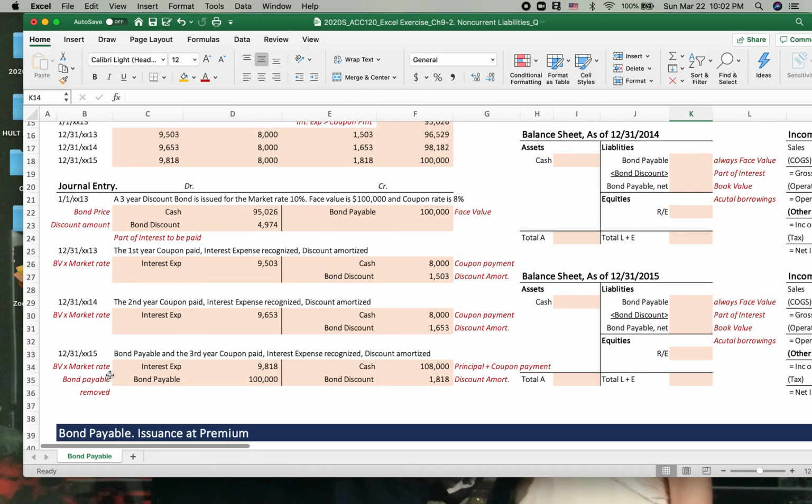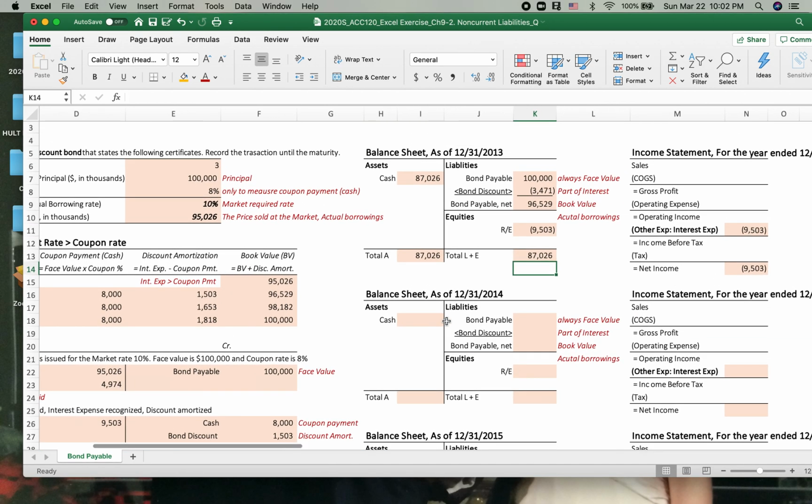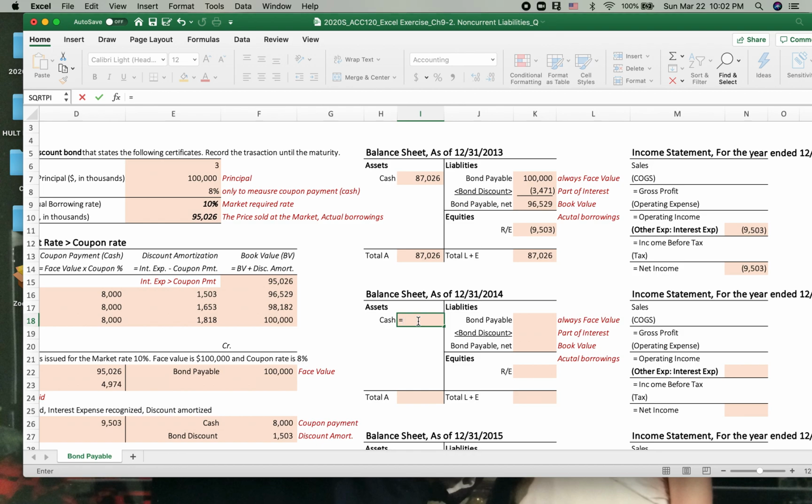Now we need to record this. But remember that before recording the second year balance sheet, you should always start with the ending balance of the prior year of all the balances, cash and the bond payable and the bond discount.